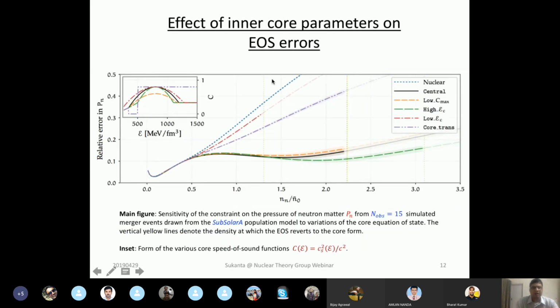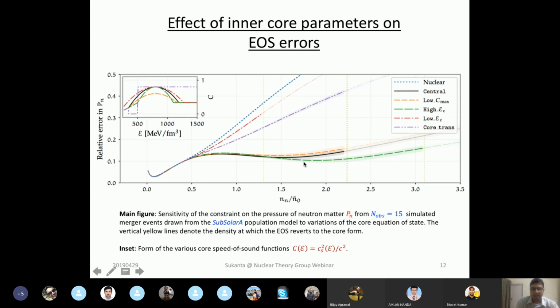In this picture, we see the effect of varying the inner core parameters. Once again, this blue dash curve is the nuclear errors. The remainder are the errors when astrophysical observations, again 15 binary neutron stars simulated, are taken into account. But what we are varying is the inner core parameters, while all other parameters are the central equation of state parameters.